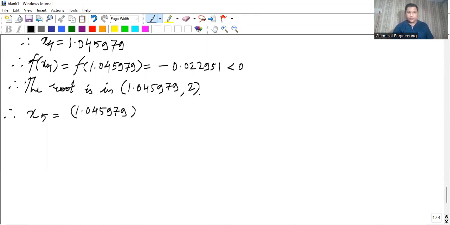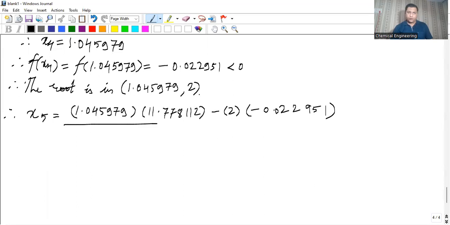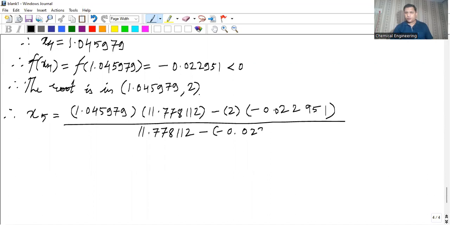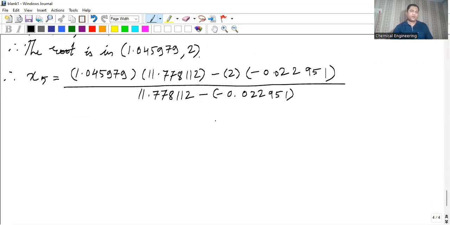So x5 is going to be 1.045979 into 11.778112 minus 2 into minus 0.02295, upon 11.778112 minus 0.022951, and we have the value of x5.